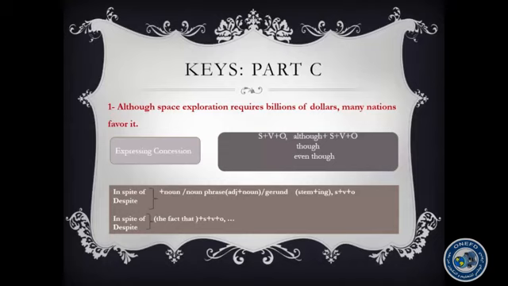So the first example is false, and the second example is correct. When you use in spite of plus gerund, you have to start with the gerund, not with a noun, okay? Pay careful attention to the mistake, okay? So let's move on to the next step.